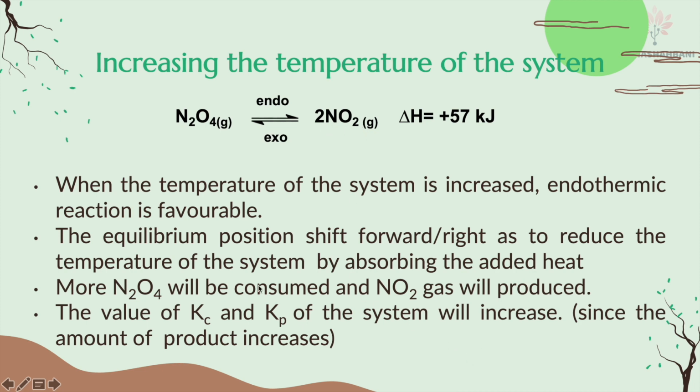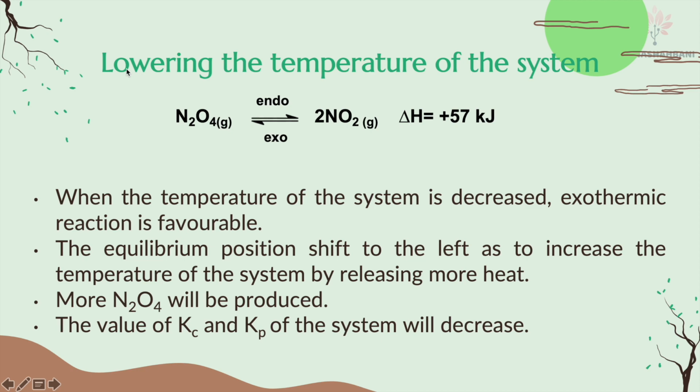You will have more product and less reactant, so more on top of the Kc expression and less at the bottom. That's why the value of Kc and Kp will increase.